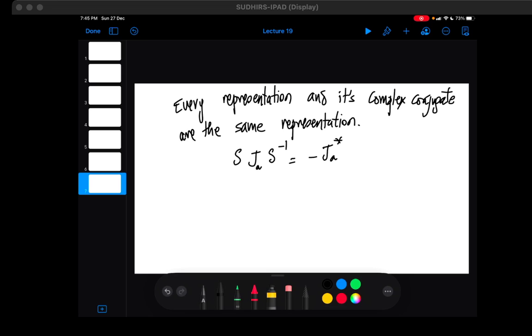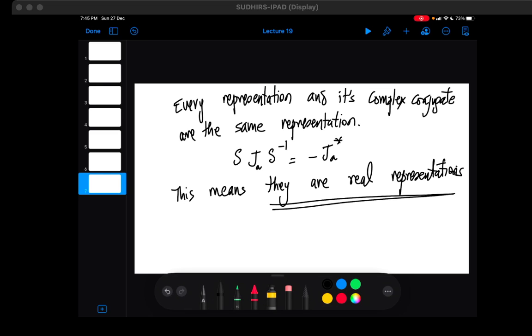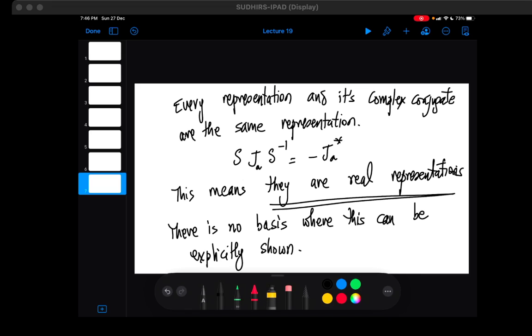This means that they are real representations. The representations of SU2 are real, but unfortunately there is no basis in which this can be shown clearly, explicitly.